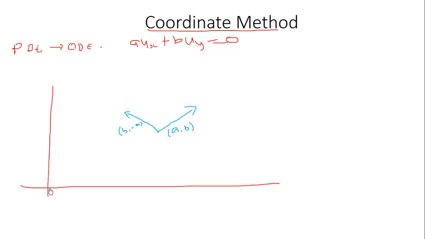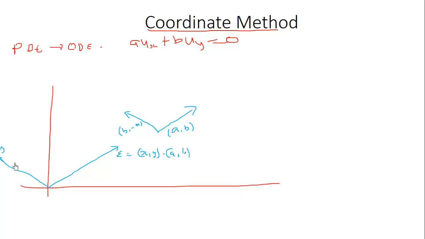So now we have this being our new axis. So let this one be our zeta axis and this be our eta axis. So zeta will be equal to (x, y) dot (a, b).